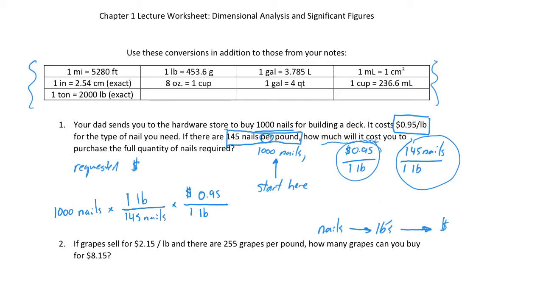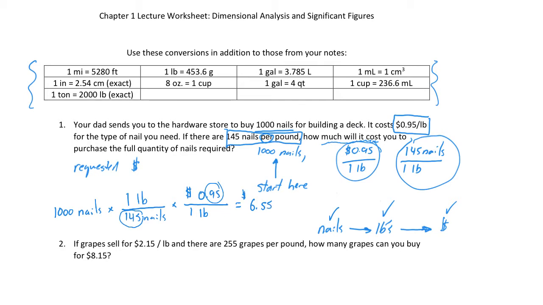So that's my second step. So I've gone from nails to pounds to dollars. Now, if I just compute this, I take 1,000, I divide by 145, hit equals, and then I multiply by 0.95. And what you'll find is that you get $6.55.